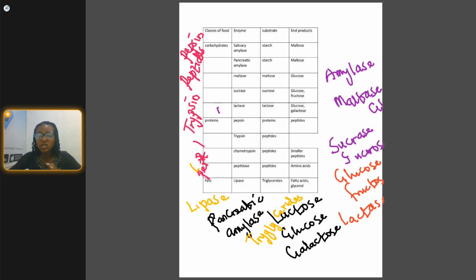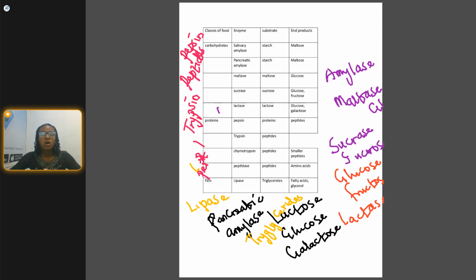The fatty acids and glycerol are the end product of fat after the enzyme lipase has acted on it.